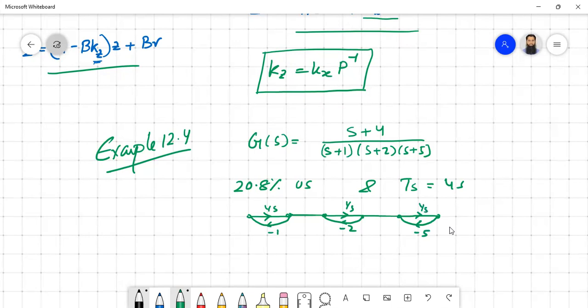Then the output can be related to the first phase with gain 4 and the second phase with gain 1.